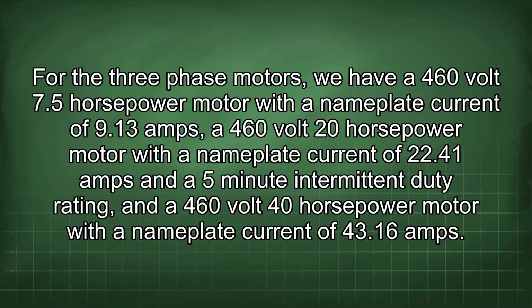For the three-phase motors, we have a 460-volt 7.5 horsepower motor with a nameplate current of 9.13 amps, a 460-volt 20 horsepower motor with a nameplate current of 22.41 amps and a 5-minute intermittent duty rating, and a 460-volt 40 horsepower motor with a nameplate current of 43.16 amps.